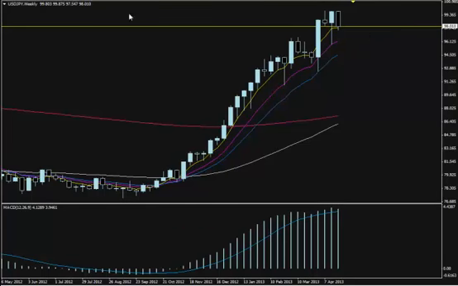So could we enter here? Well, we don't know if the trend is going to last long or if we are going to have a correction, and it would be really risky to enter here in the case of a correction.